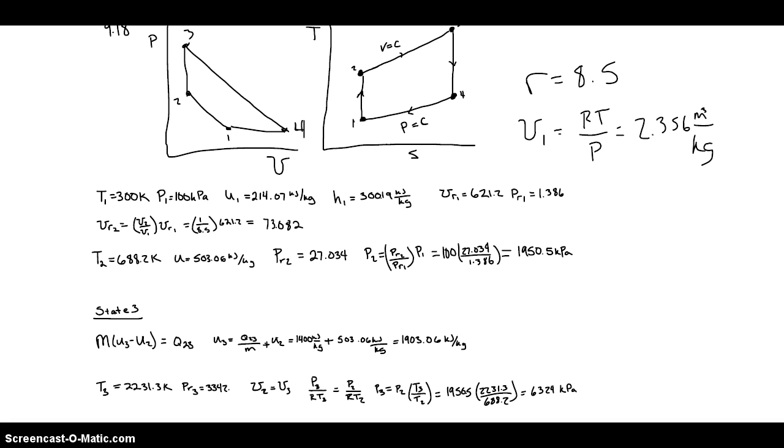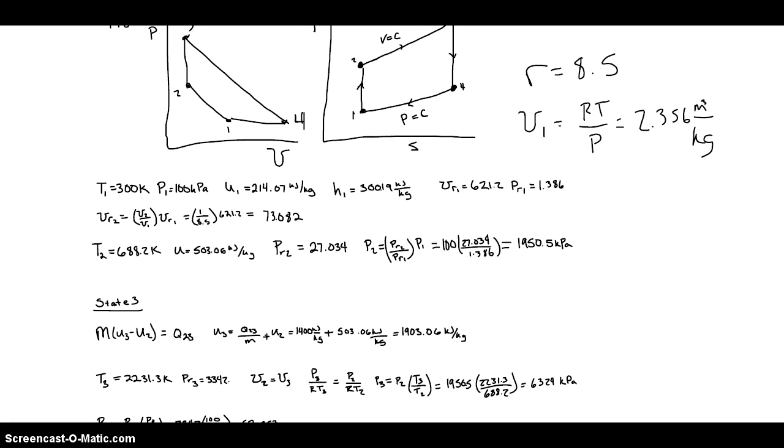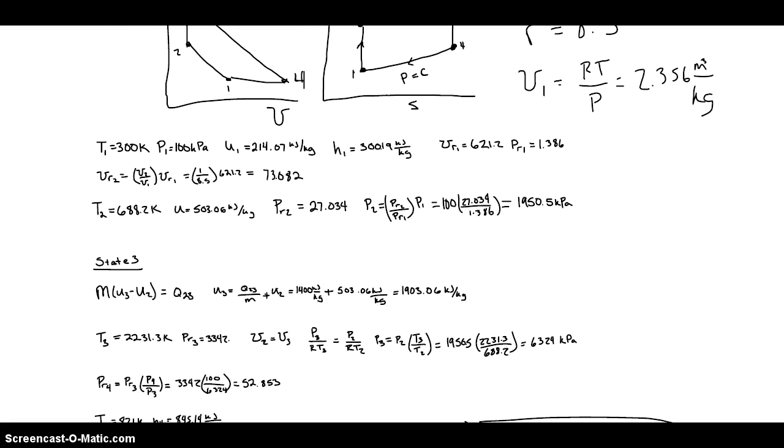State 2 will be defined by the specific volume ratio, and that's just found using the inverse of our compression ratio times the specific volume ratio at 1. And using this vr2, we can find T2, U2, and the pressure ratio at 2.